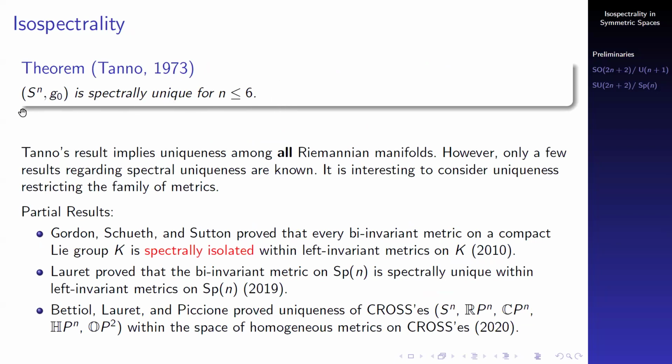When we say spectrally unique, it is in the class of all Riemannian manifolds. That means that if we take another Riemannian manifold with the same spectrum, then it has to be isometric to the round sphere. So this implies uniqueness among all Riemannian manifolds.